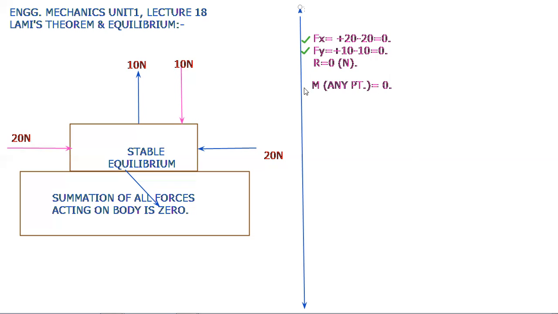So this one is the third condition, that if the body is stable, if the body is in equilibrium, then it must satisfy these three conditions: summation Fx is equal to 0, summation Fy is equal to 0, and moment at any point is equal to 0. The body is stable, it proves its stability, and the body is also in equilibrium.